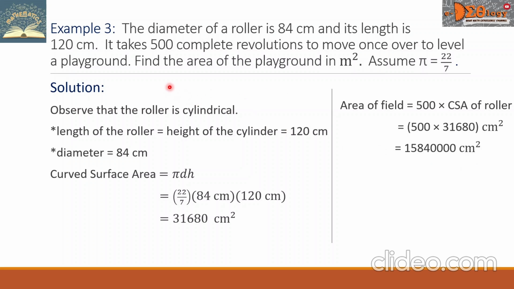Observing our problem, we need the area in square meters, but the value here is in square centimeters. To do that, we just divide this value by 10,000. So we have now 1,584 square meters. This is the answer.